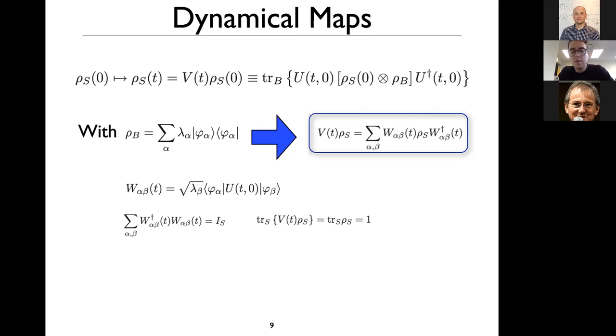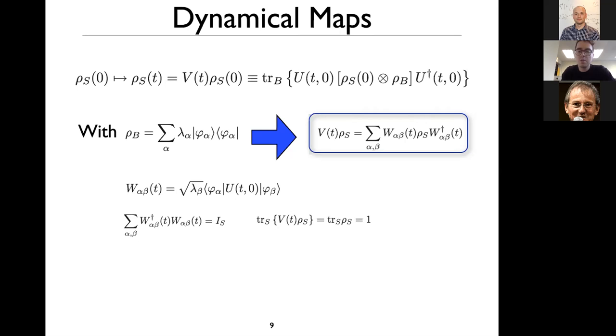In this way, from these expressions you can see that the quantity I've defined as the dynamical map V of t is in general defined as a linear map from the set of physical states of our open system S onto itself.